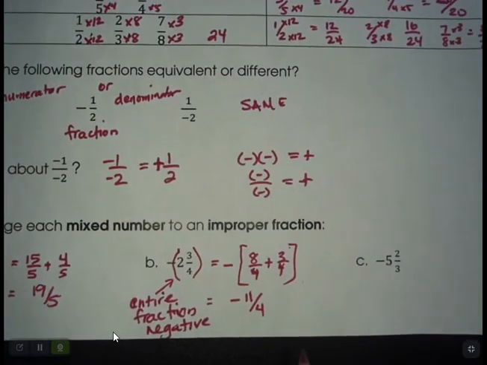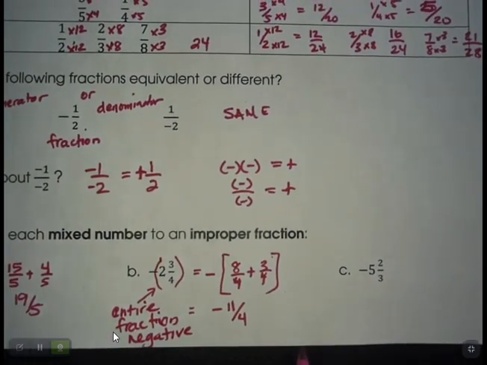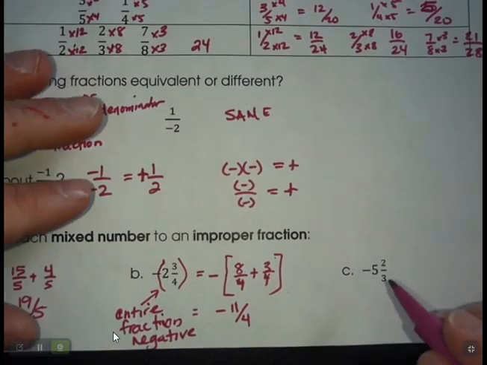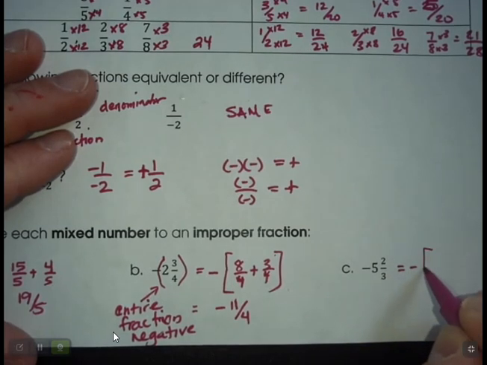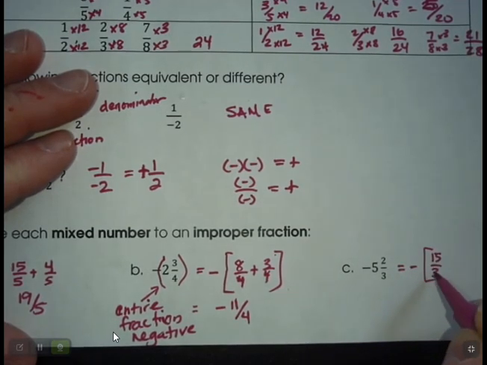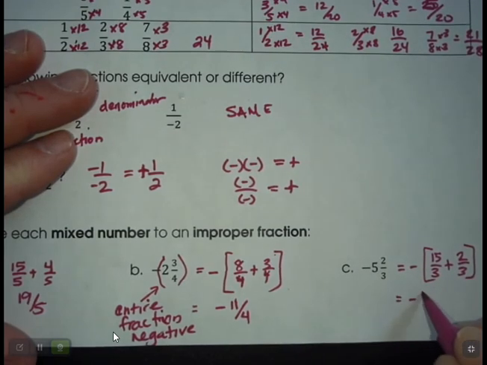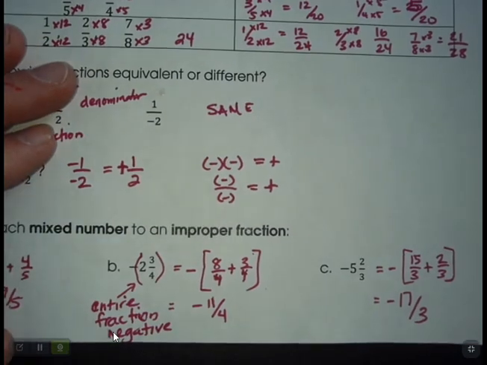Same thing here. I have 5 groups of 3. That's 15 thirds plus another 2 thirds. Okay, I got negative 17 thirds.